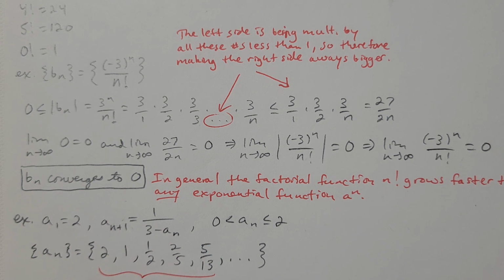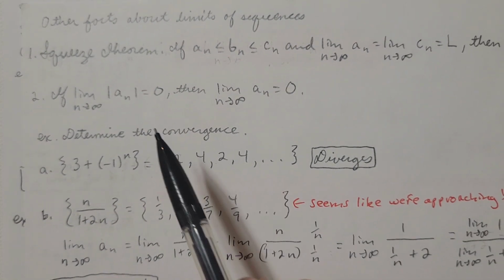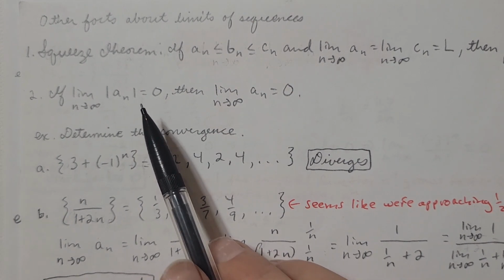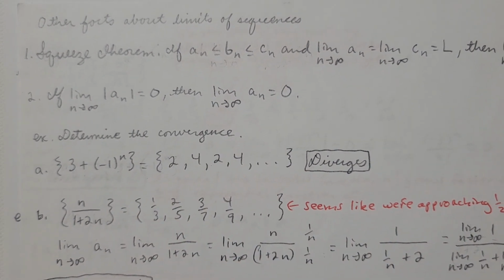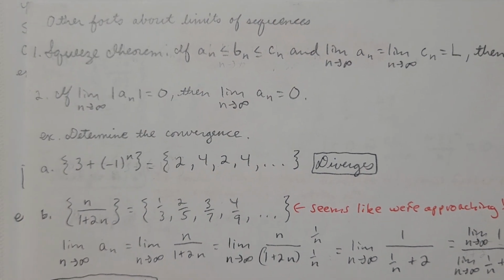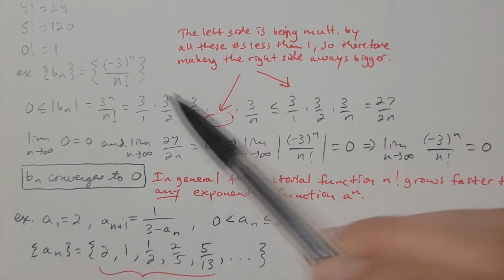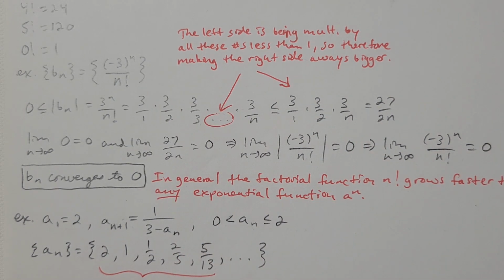Now, some of these will involve the squeeze theorem. Some of them will involve this fact about limits also. My hint with this is that whenever you have a negative 1 to the n, or in this case a negative 3 to the n, that's kind of a giveaway to use that fact about limits there.